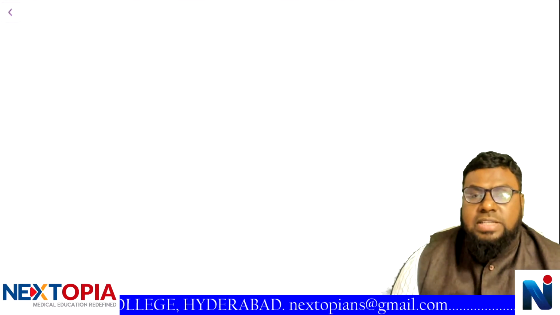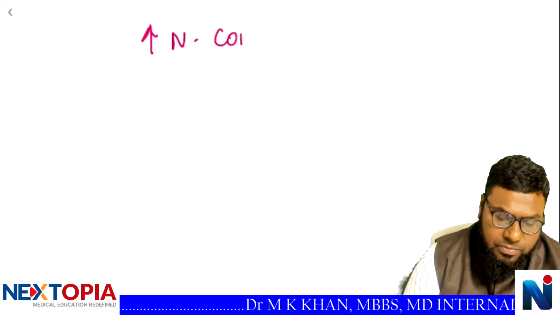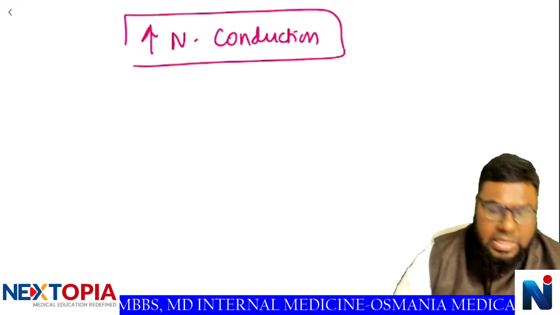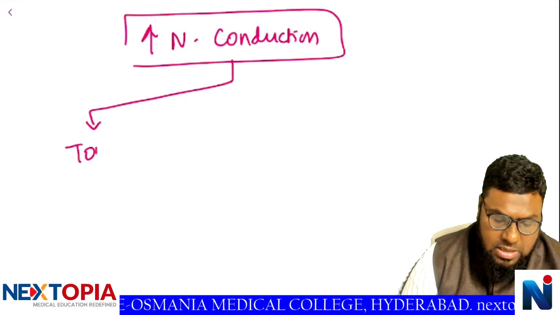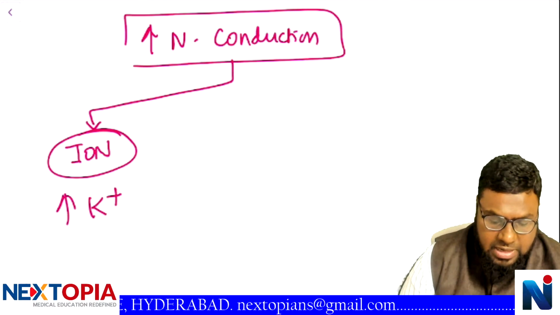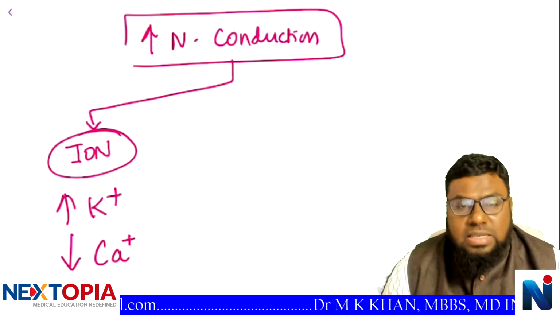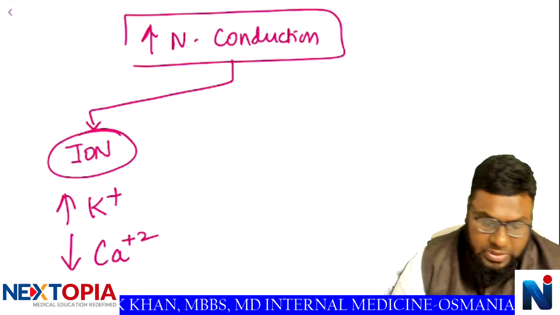Similarly, let us try to understand what are the conditions involved in increased neuronal excitability or increased nerve conduction. Ion disturbances, as you have guessed it right, either hyperkalemia or hypocalcemia.